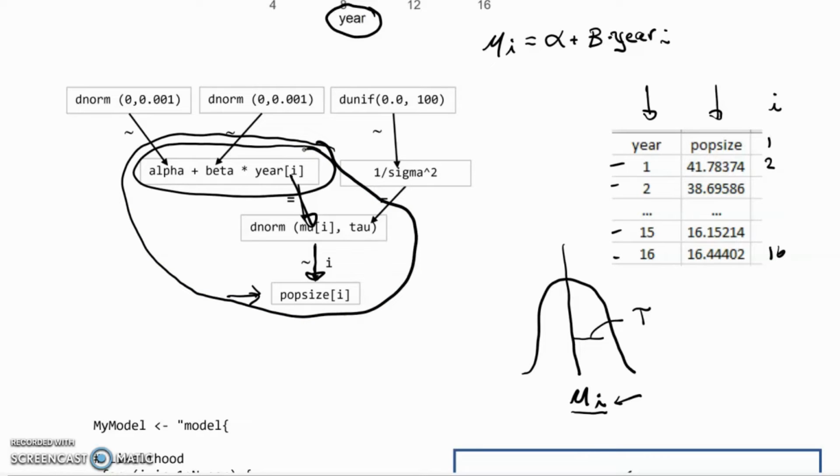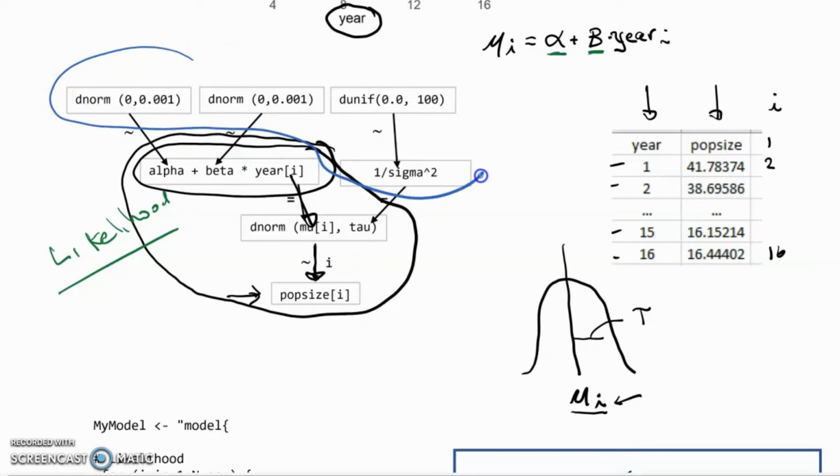So it's really pretty simple. What we're going to be interested in doing is, as I said, evaluating these parameters alpha and beta, which are going to be a primary concern. So if this is our likelihood function, what's left is to specify the priors, and these are all our priors.